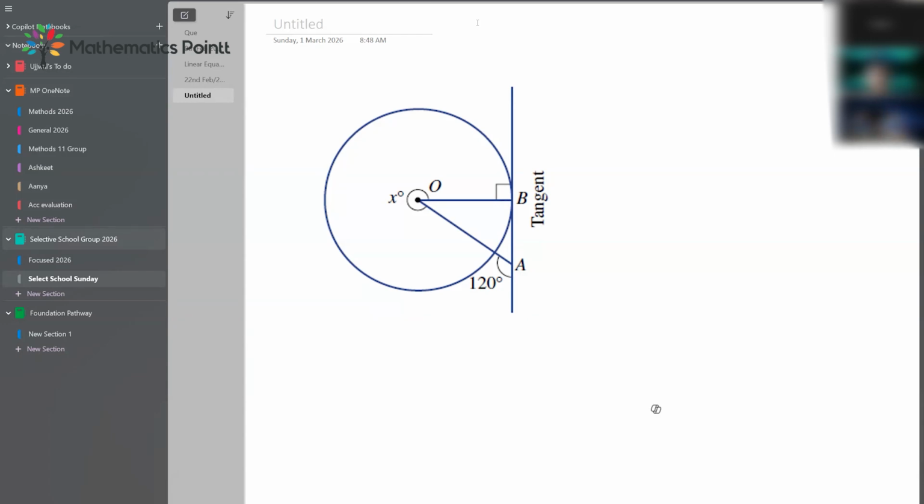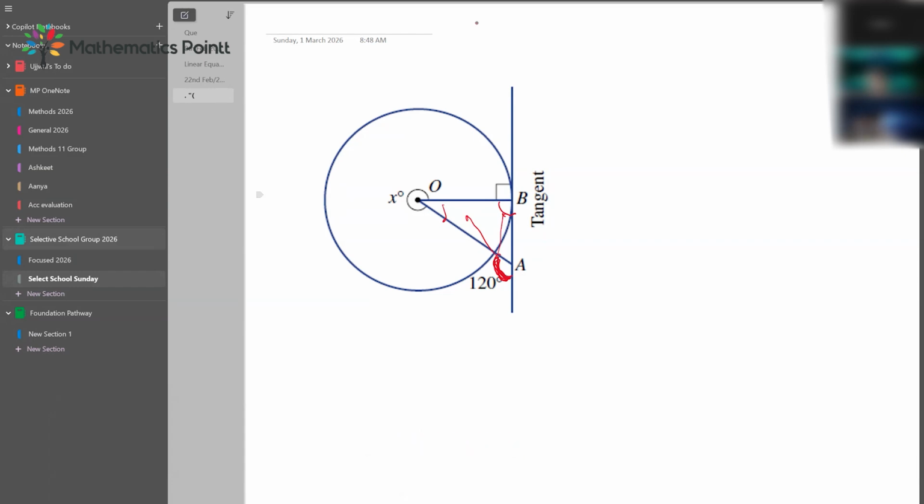Let's understand what this question is. Last week, I told you that any angle which is sitting outside a triangle, forget about this being a circle, whatever, forget about that for a second, is always equal to the two interior angles opposite to it.